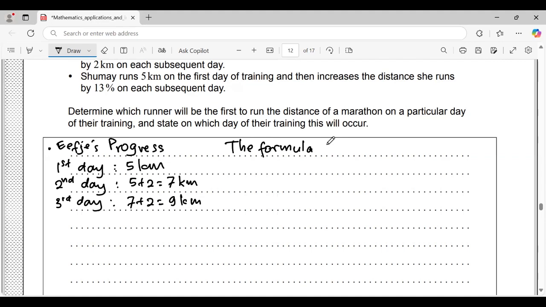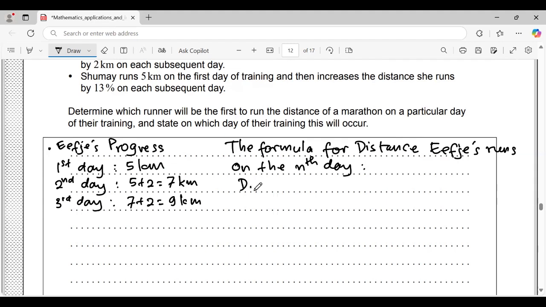So the formula for the distance FE runs on the nth day, we can determine through the formula.